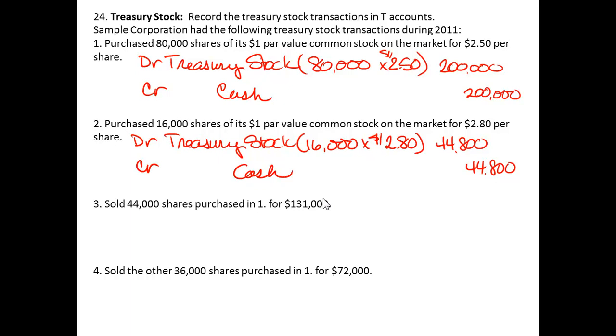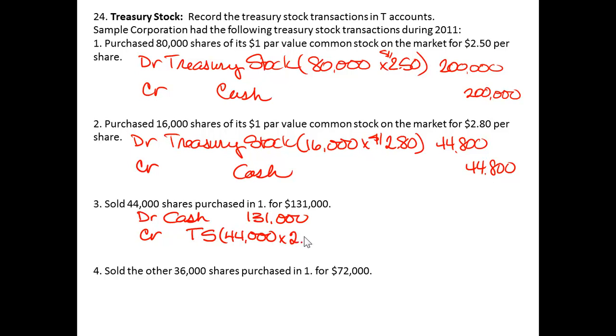So we sell 44,000 shares that we purchased in number 1 for $131,000. So we're going to debit cash because we sold it for $131,000. We're going to credit Treasury stock, and I'm going to abbreviate TS, for 44,000 shares times its cost.